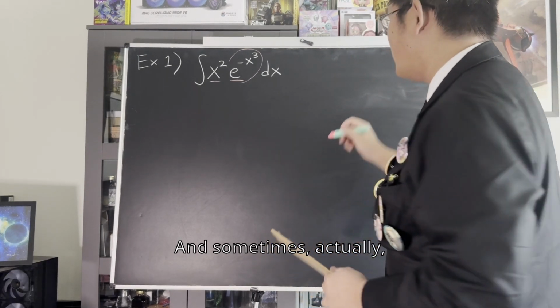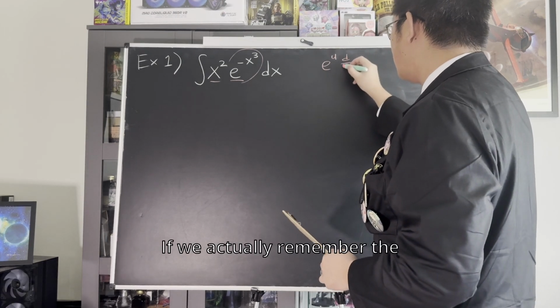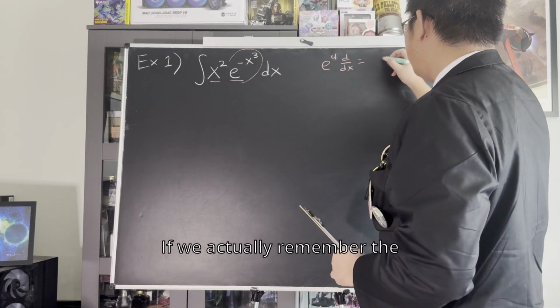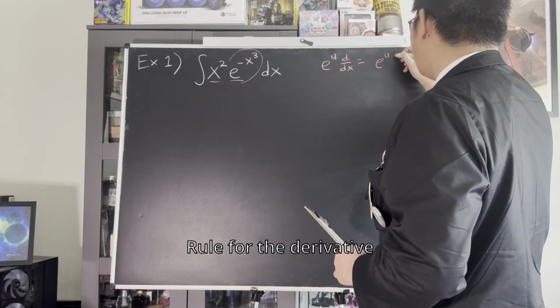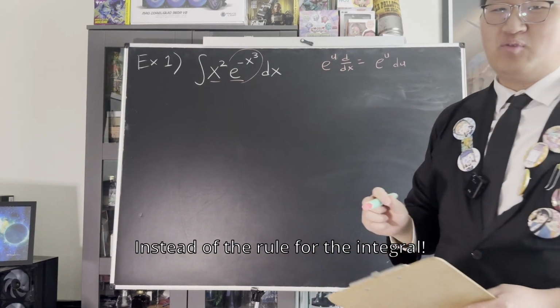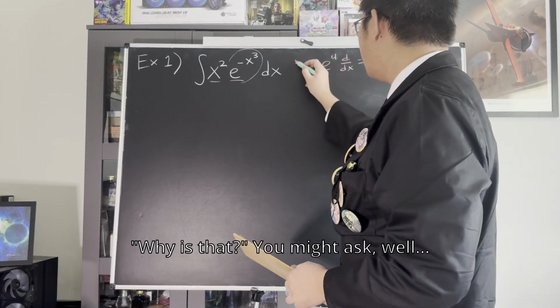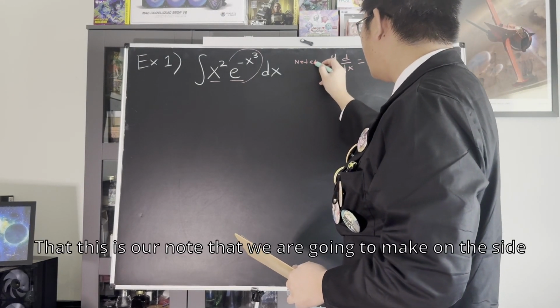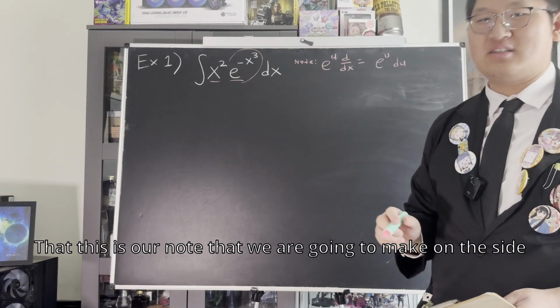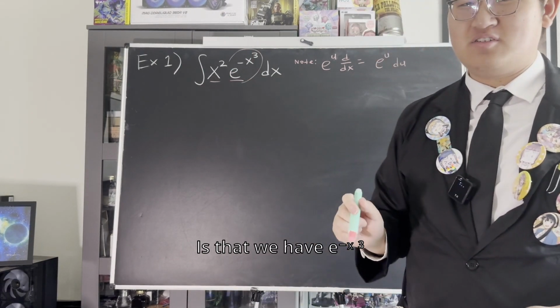And I think it might be very helpful here if we remember the rule for the derivative instead of the rule for the integral. Why is that, you might ask? Well, as you might see here, this is our note that we're going to make to the side, that we have e raised to the negative x cubed.